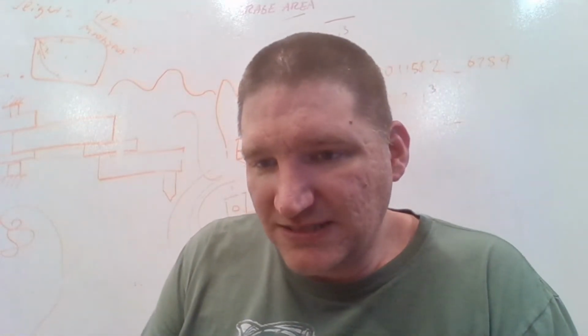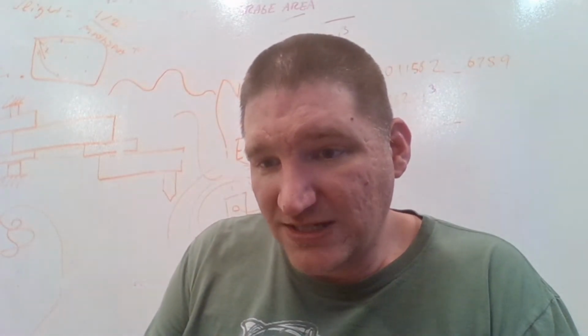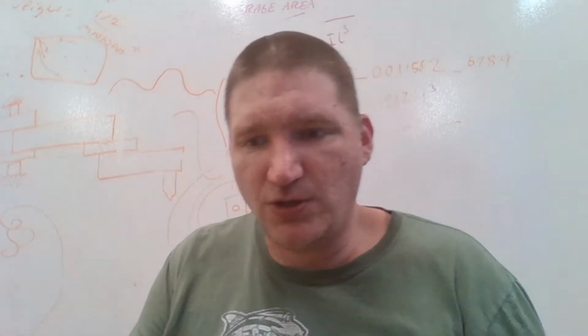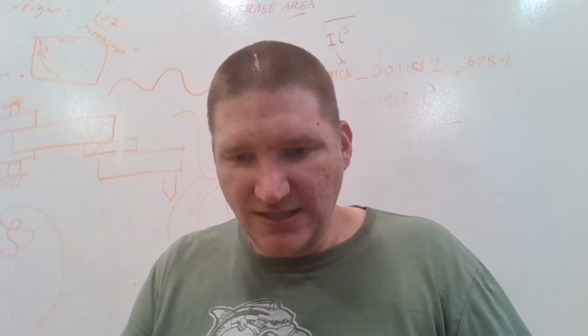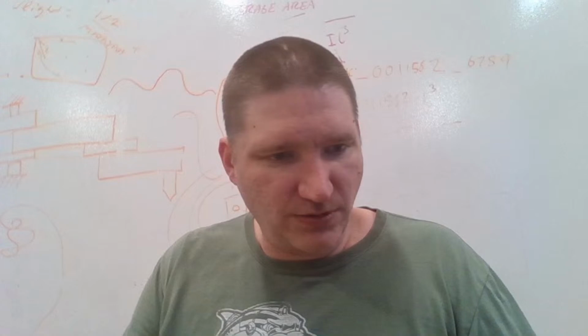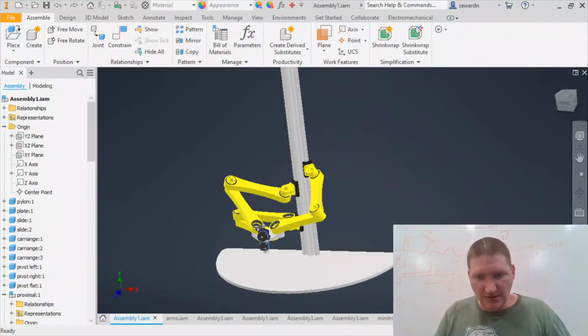Okay, let's see. I should talk about joint design. Someone asked a lot earlier about it. So let's just open up a joint and we can look at it. It's going to take me a second to reorient here. Okay, I think I'm here.